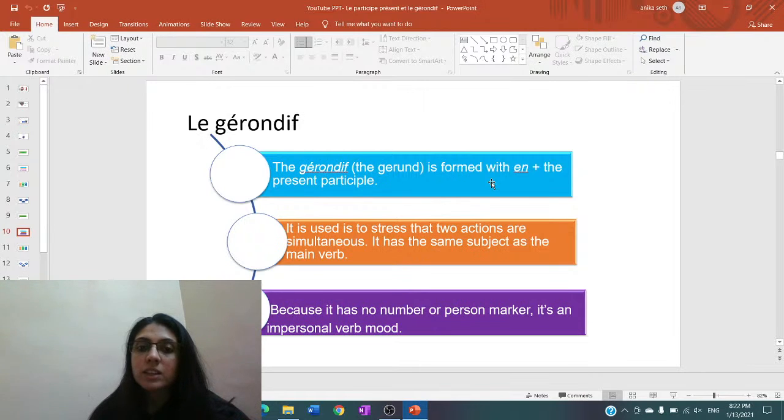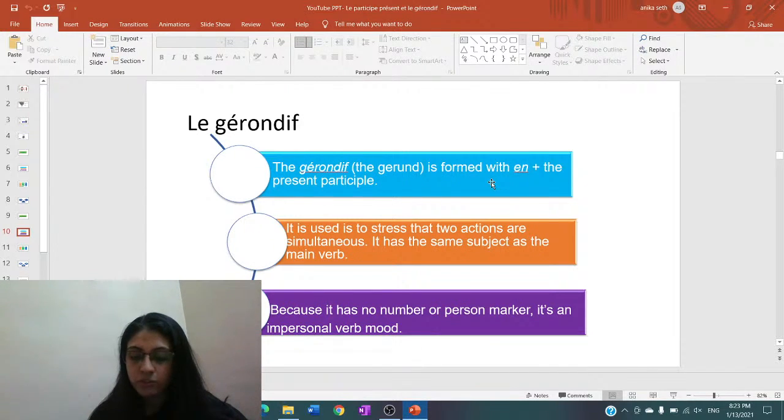In these sentences, I'm talking about two simultaneous actions. In the first one, I said I'm eating my food while watching TV. So, eating the food is one action. Watching TV is another action, but these two are being done at the same time. It's not one after another, it is side by side. So as I'm eating my food, at the same time I'm watching TV.